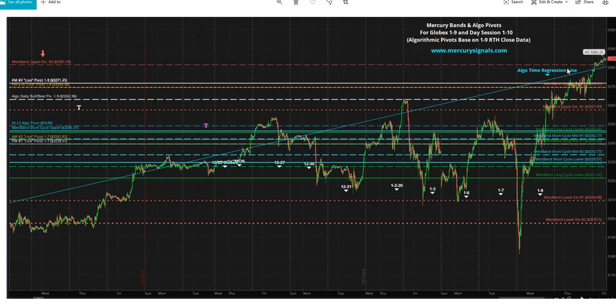So the reason I put that out, I couldn't sleep that night. But fortunately, I was up at 2 a.m. and didn't have anything else to do, and ran this algo regression line. And because these algo regression lines are based on time, what it projects, knowing the European open is coming up soon, is that we would have a significant time. I'm not saying an all-time high.